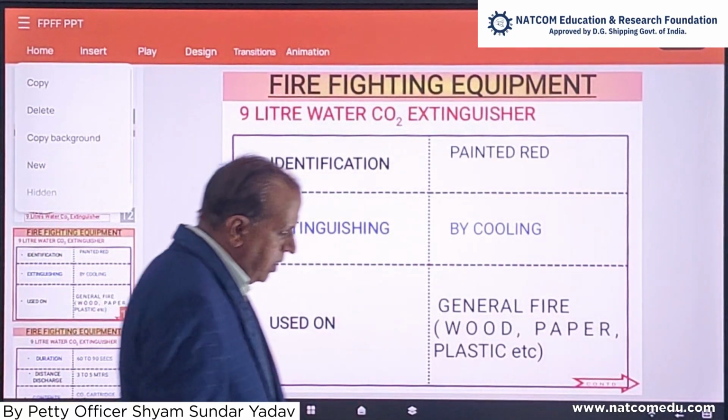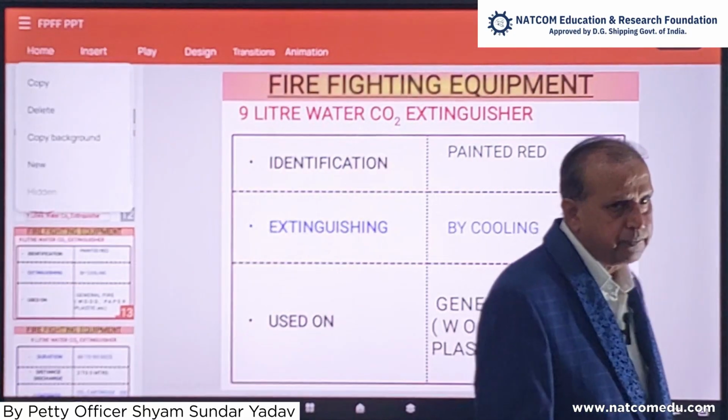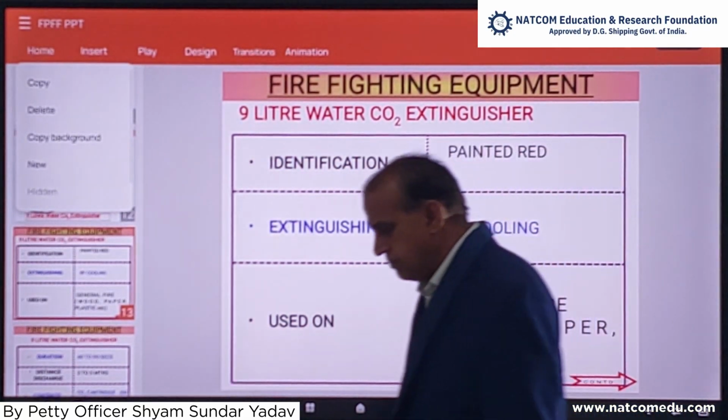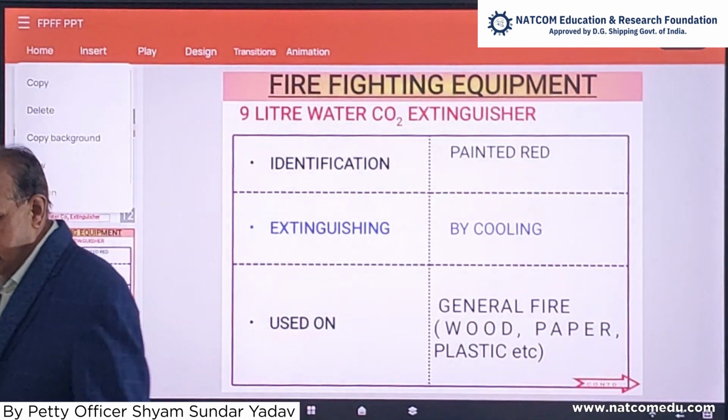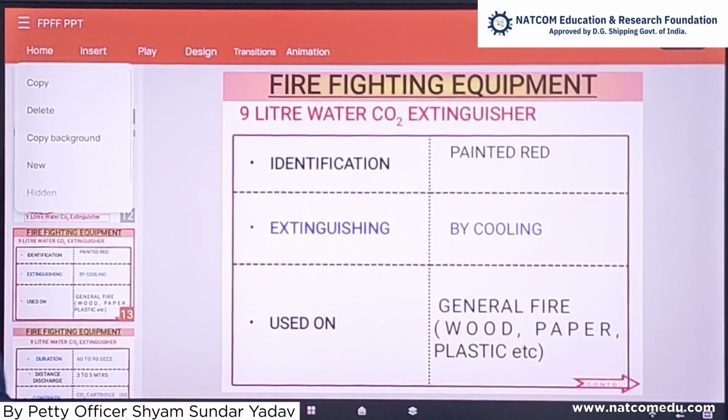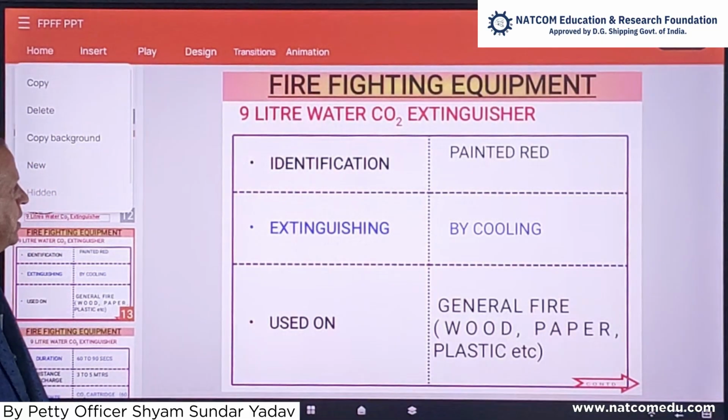Earlier the color of these fire extinguishers was separate. Nowadays they are only one color, fully red. But again, it is easy to find out, as their separate identification is marked on the fire extinguisher.